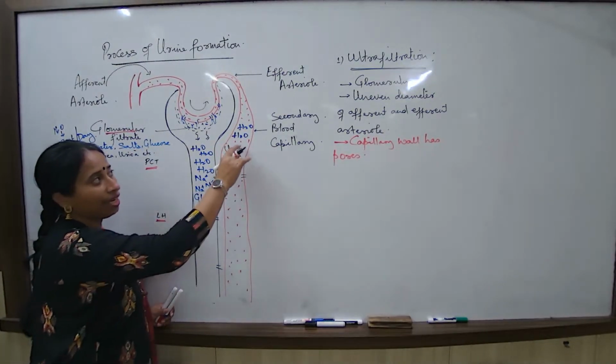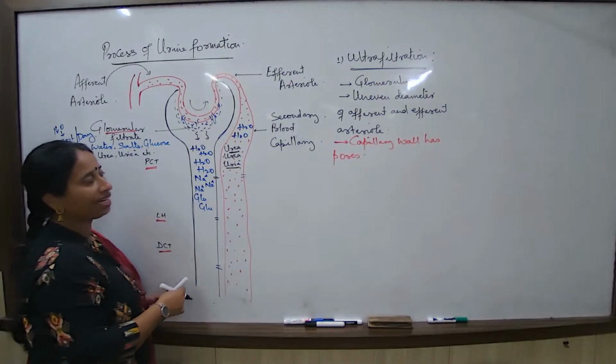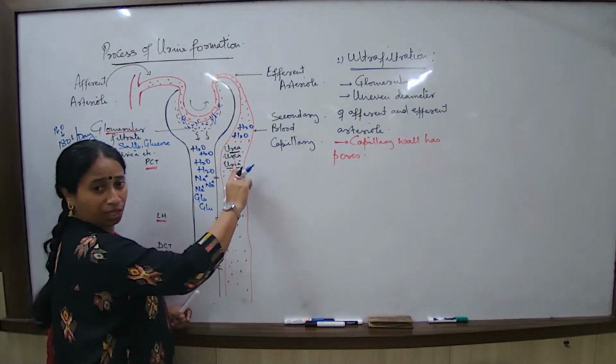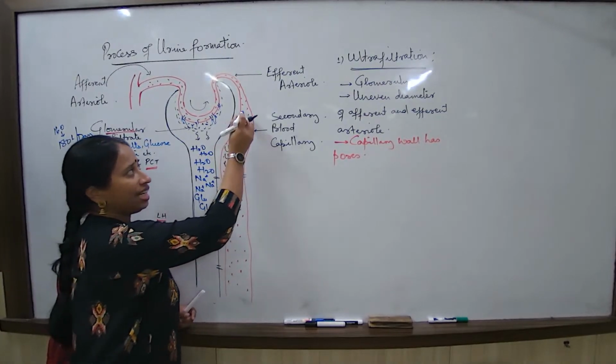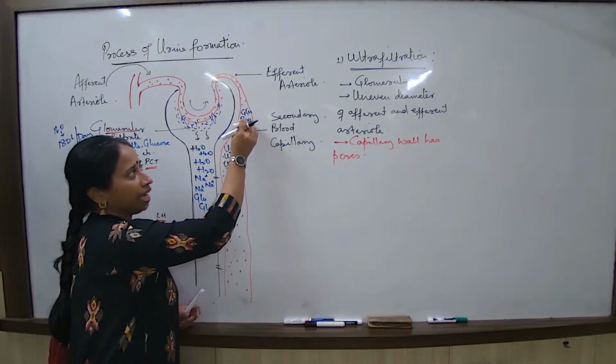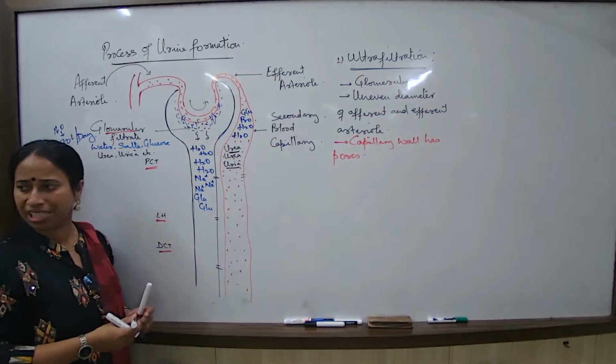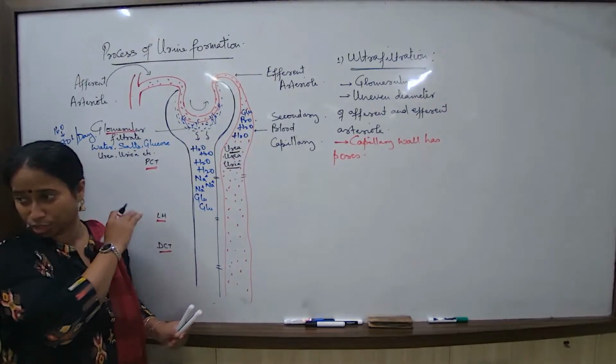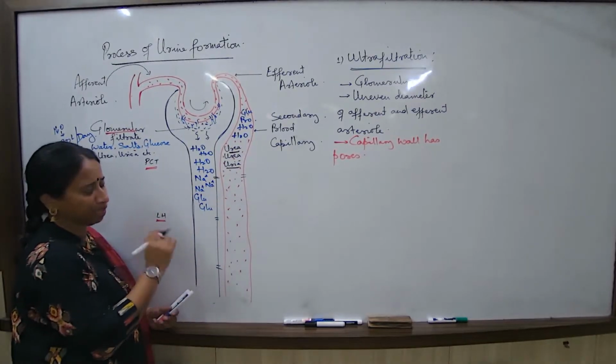What am I saying? Here now the blood has a whole lot of urea, uric acid, water very less, glucose very less, some amount of proteins there. So the composition of the blood is not regular. It has to be restored back. So what will happen immediately?